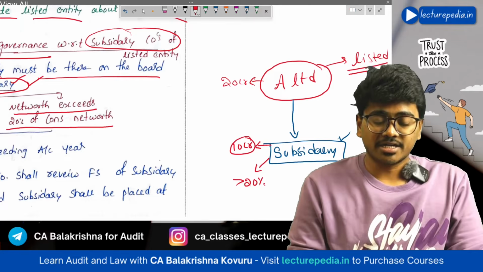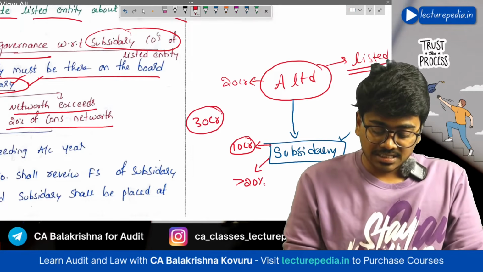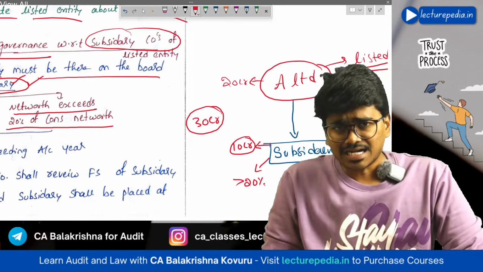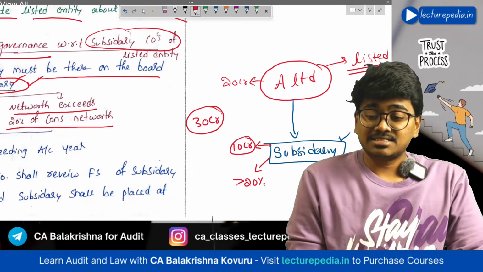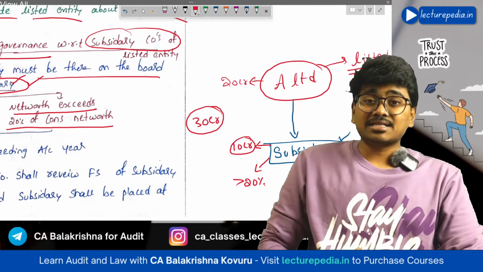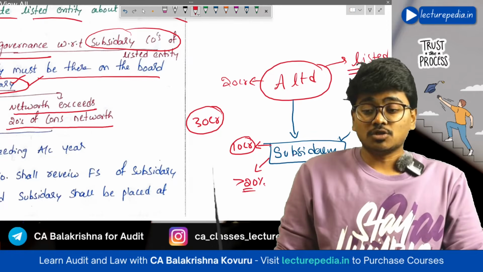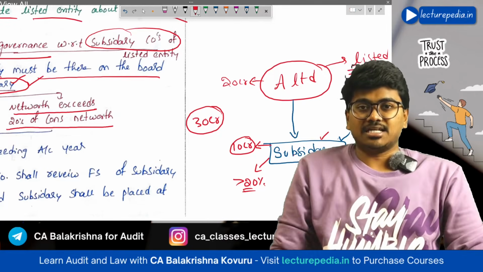Now, consolidated income is 30 crore. Now, 10 crores of that 30 crores means 33%. So subsidiary is generating 33% of the consolidated income, which is more than 20%. So here this subsidiary will be called as material subsidiary.